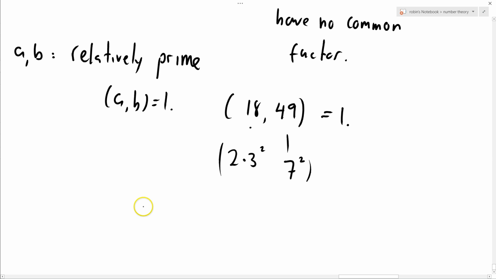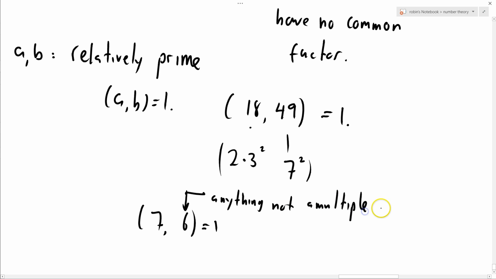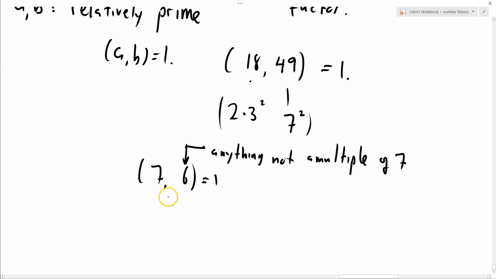And of course, if one of these is a prime number, like 7, then we can put anything we like here, so long as it's not a multiple of 7. Anything not a multiple of 7 gives 1. And we'll come across this notion again and again and again, simply because this one here is prime.